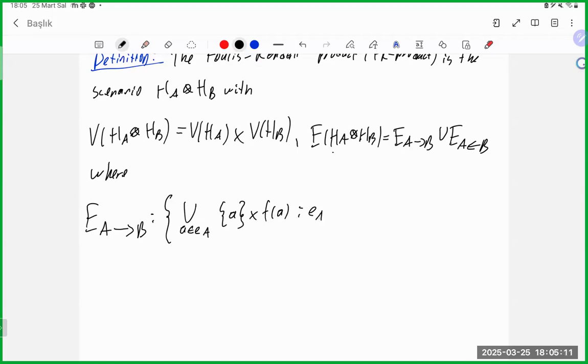So this e_A is an element of an edge in the first scenario, and this function assigns a vertex to an edge in the second scenario.